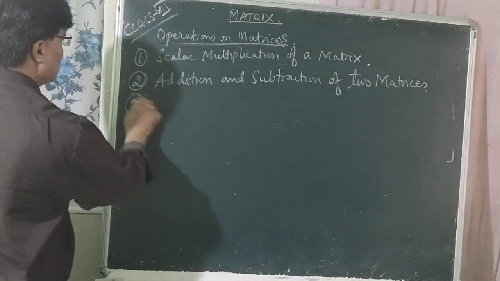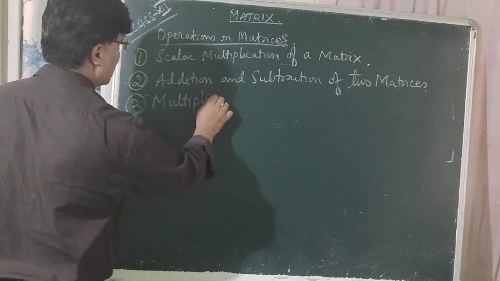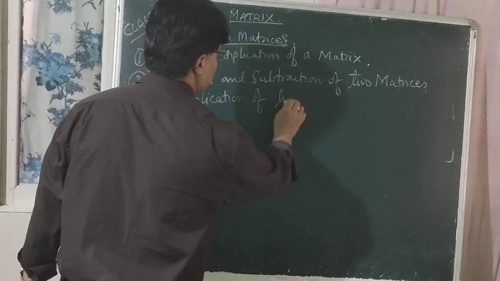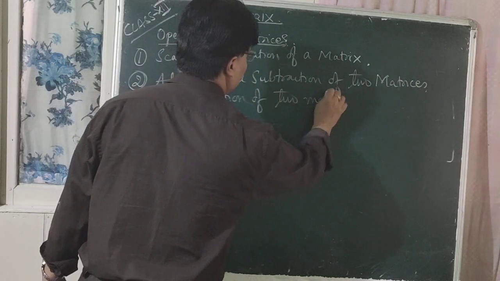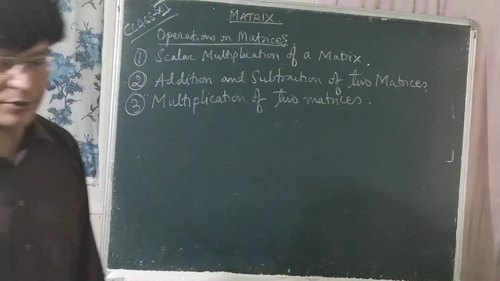And number three is multiplication of two matrices.